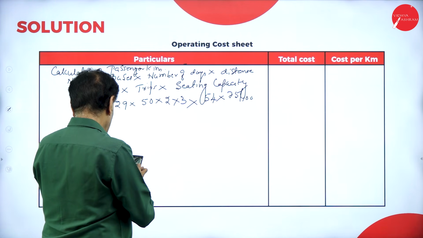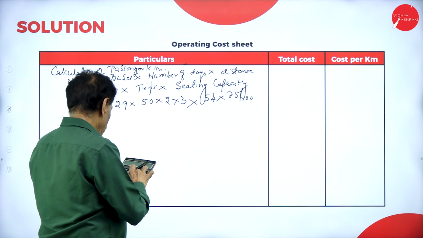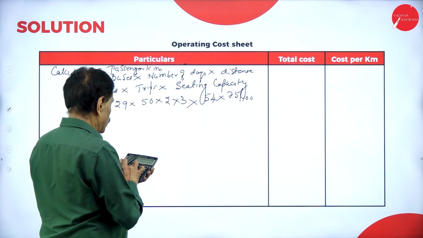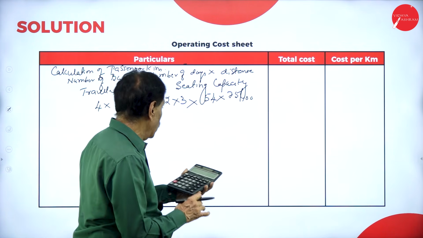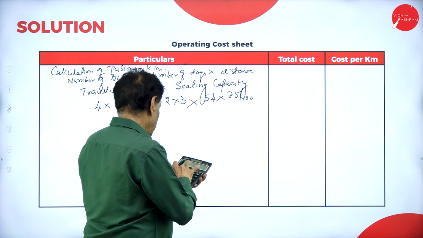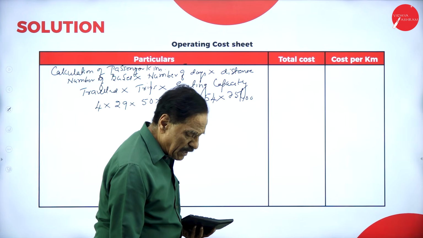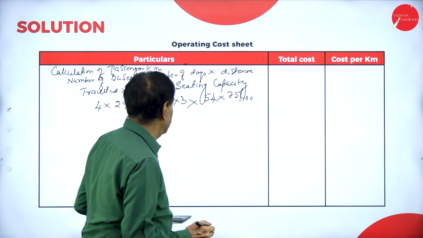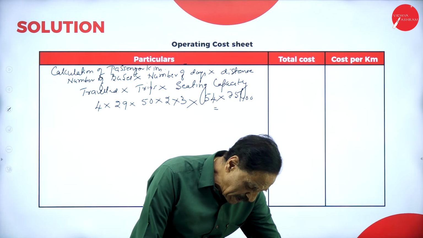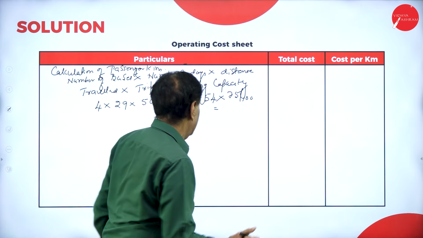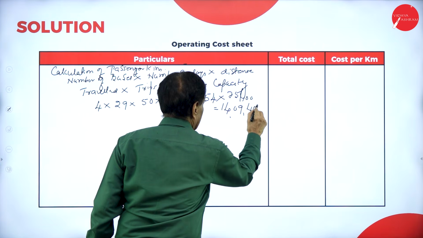This is 4 into 29 into 50 into 2 into 3 into 54 into 75 divided by 100. It comes to 14 lakh 9,400.